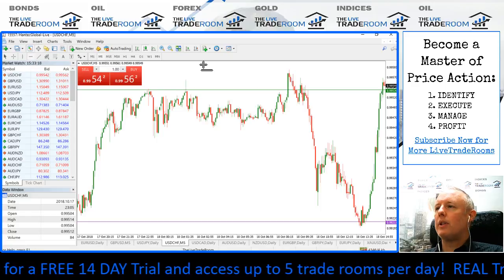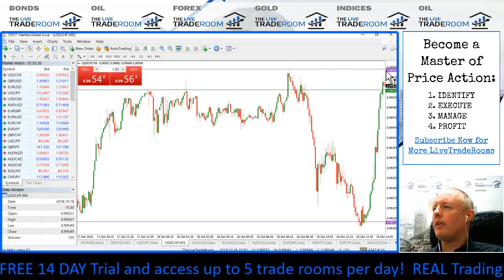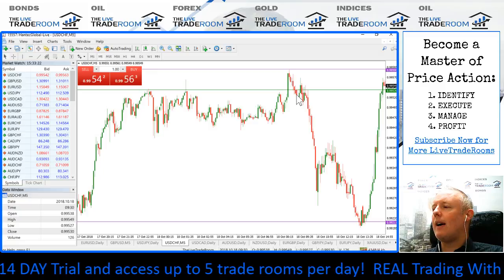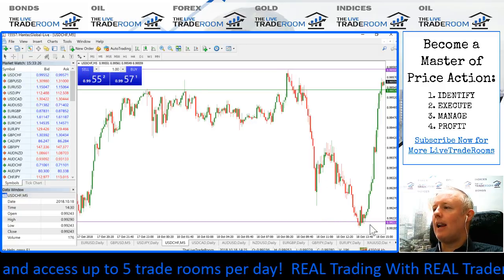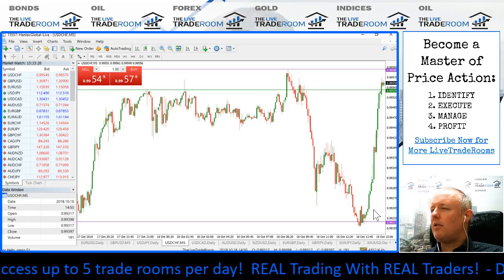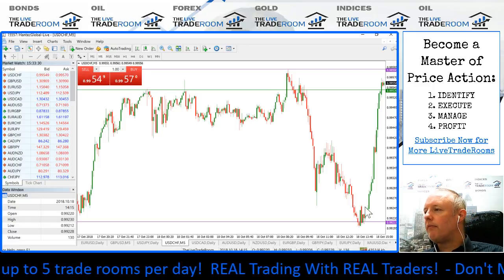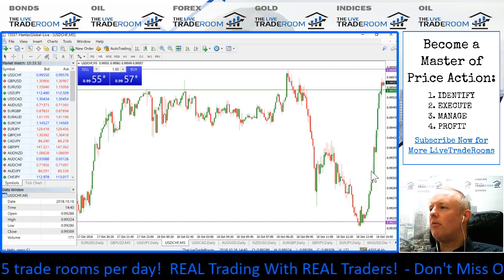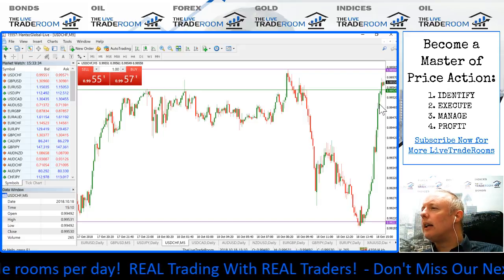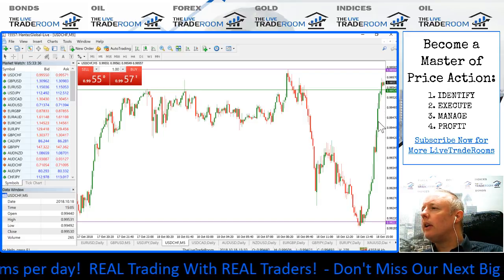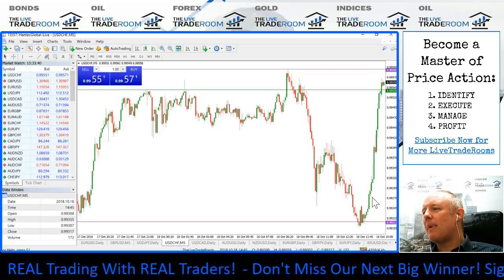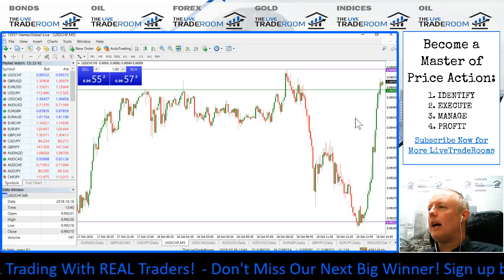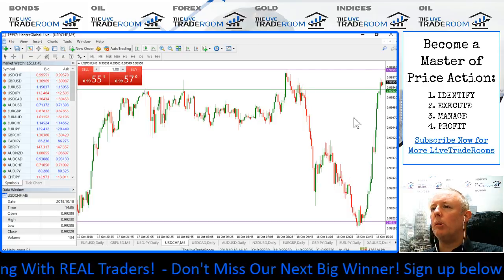We've got this level just sitting here. The last time the market got to the 99.55, we saw a fairly significant rejection of that level, and literally over the last 40 minutes or so, we've had a really strong move, about 60 pips over the last hour, to the upside.